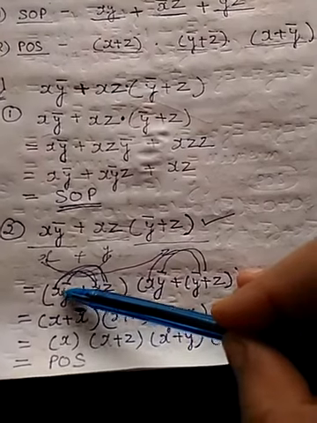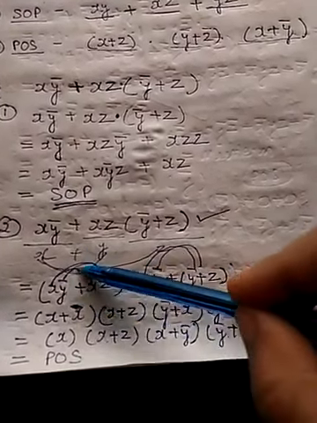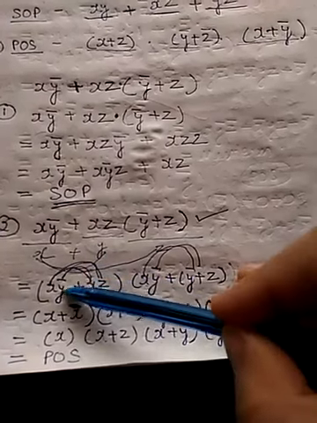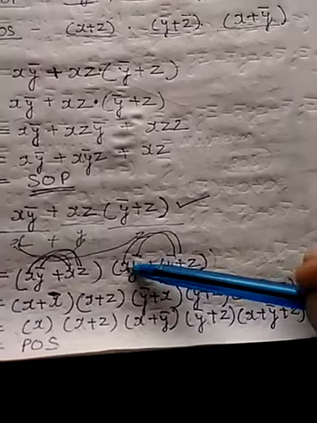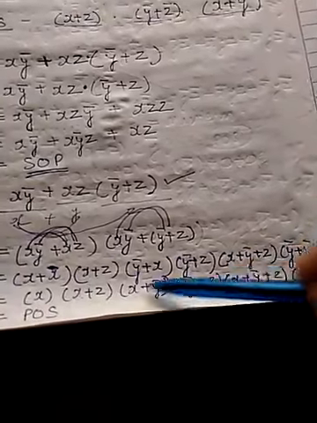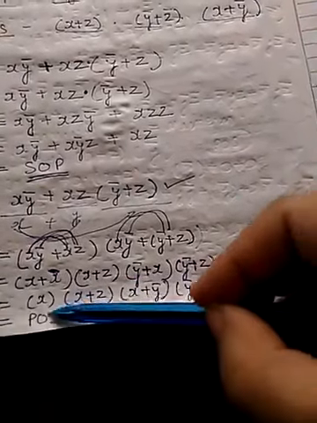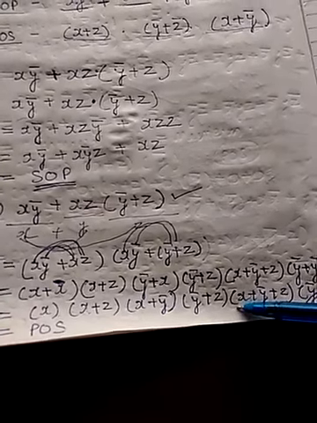Again apply x plus x, x plus z, y naught plus x, y naught plus z. You will get this term. Again here x plus this term, y naught plus this term. Remove the duplicate term, and you will finally get this function. This is the product of sum, which is a standard form of Boolean algebra.